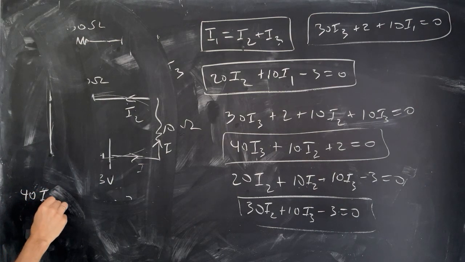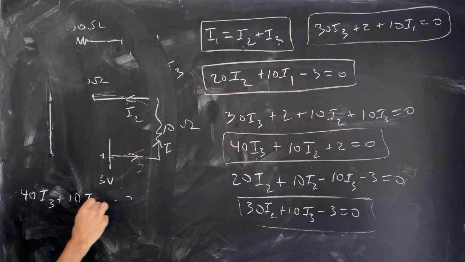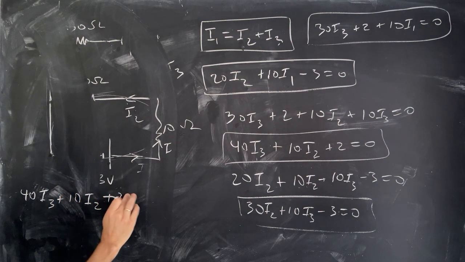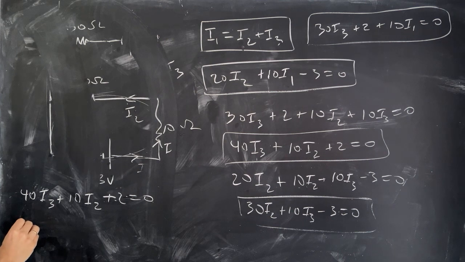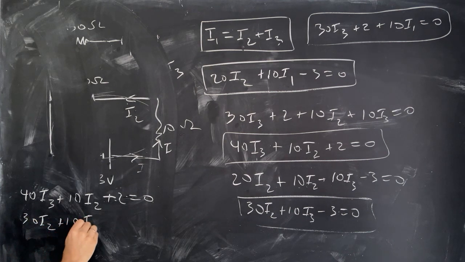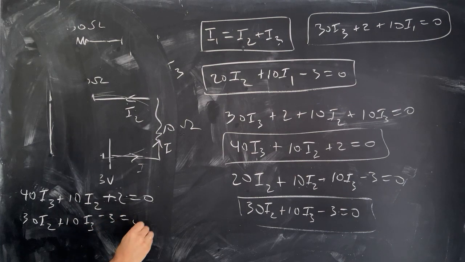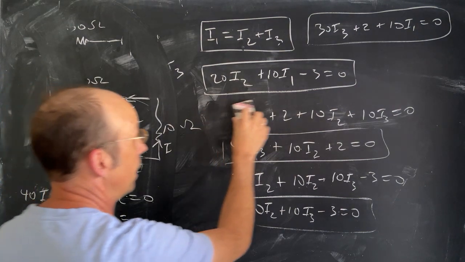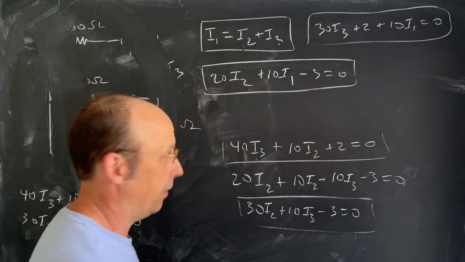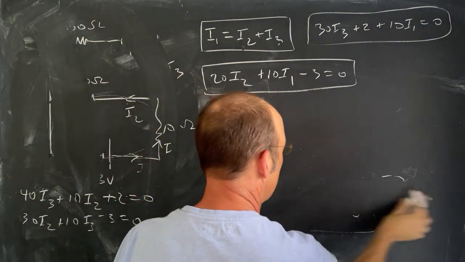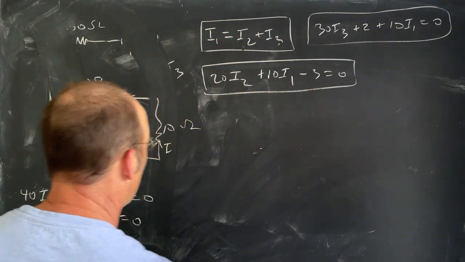I'm going to write smaller because that's my problem. I'm not efficient with my space. And then 30 I2 plus 10 I3 minus 3 equals 0. Okay, so now I can delete these. I always say that. I'm going to erase these. I want to keep my original equations right there for right now.